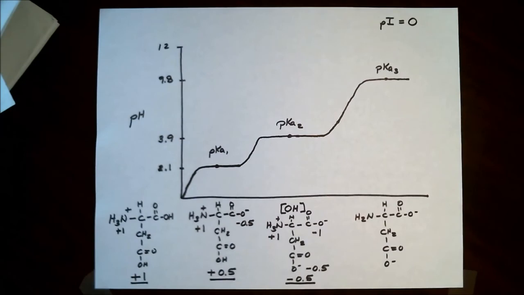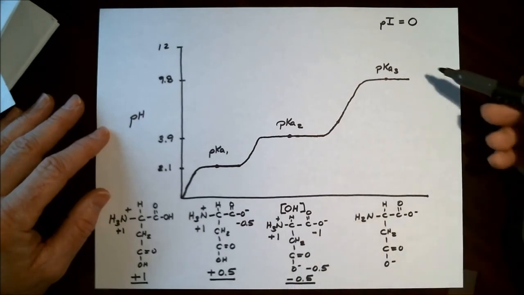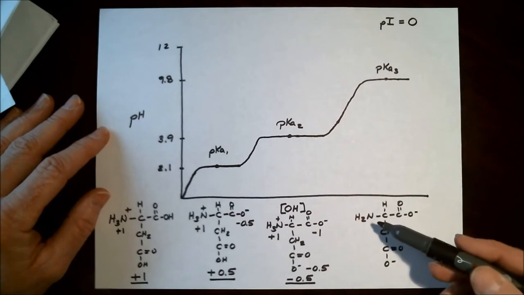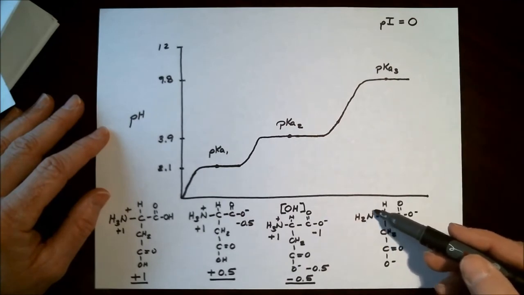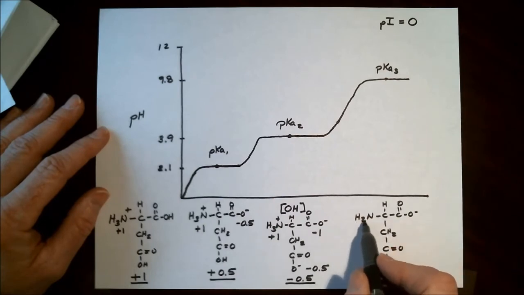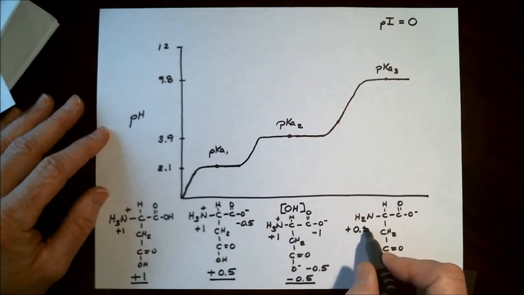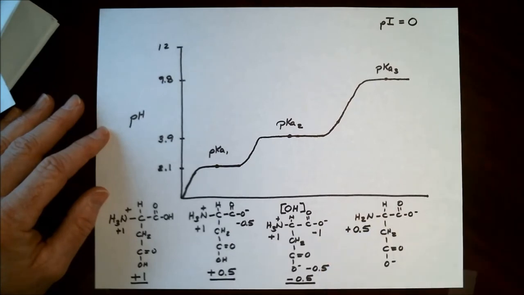At pKa3, pH of 9.8, now we are beginning to titrate off the proton on the primary amine. So this pKa represents the pH at which this primary amine is half deprotonated, which means that this will contribute a positive 0.5 charge, because half of the amine will be protonated, half will be deprotonated.